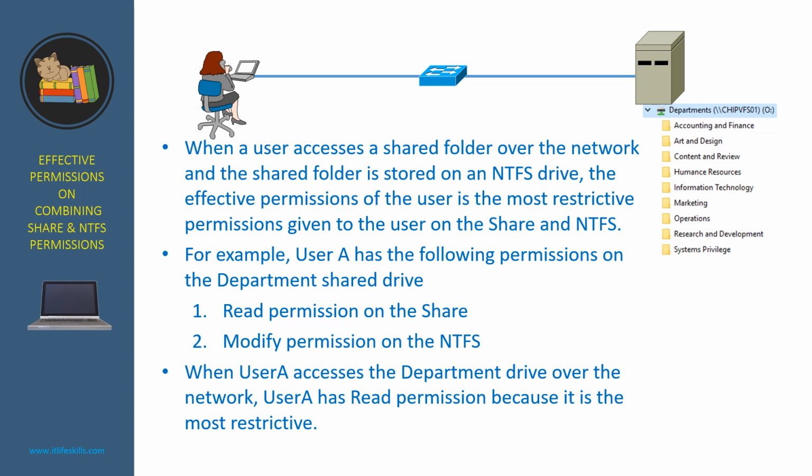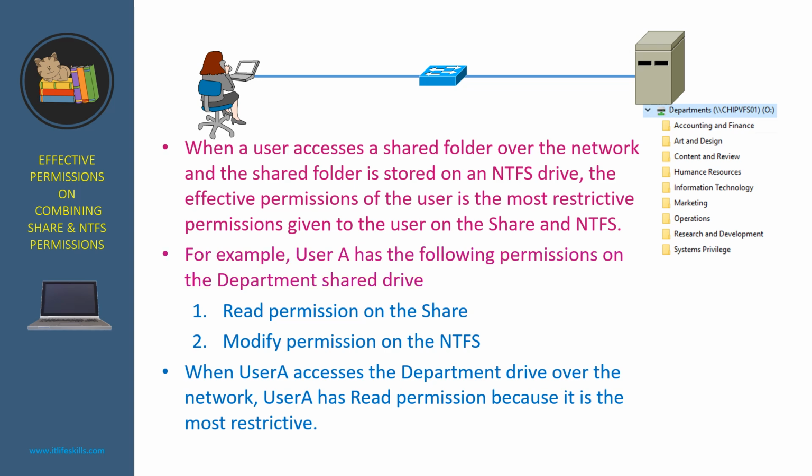Let's find out the effective permissions when combining shared and NTFS permissions. When a user accesses a shared folder over the network and the shared folder is stored on an NTFS drive, the effective permission of the user is the most restrictive permission given to the user on the share and NTFS.